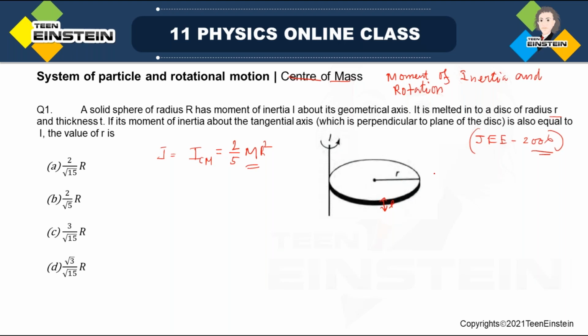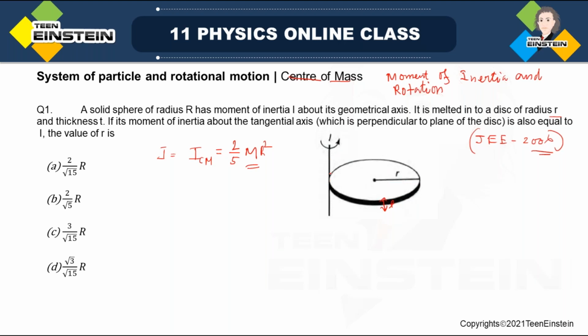It has area times this thickness, so it has a certain volume also. Now its moment of inertia about the tangential axis which is perpendicular to the plane of the disk, as you see here, is an axis which is tangent to the disk.